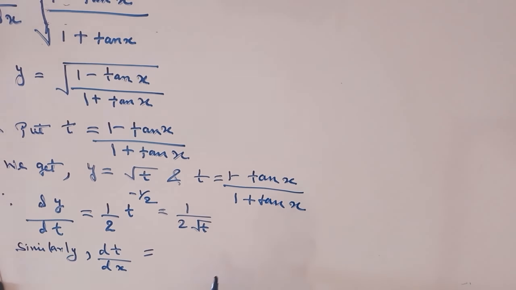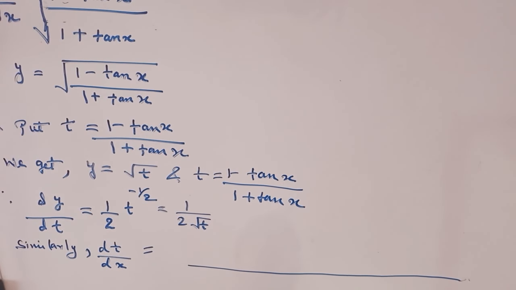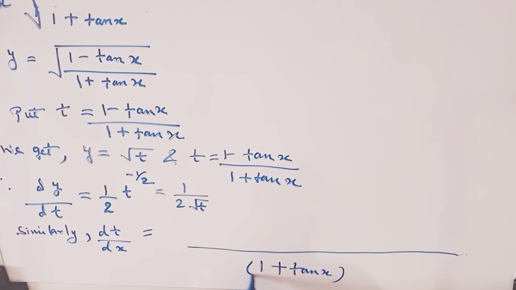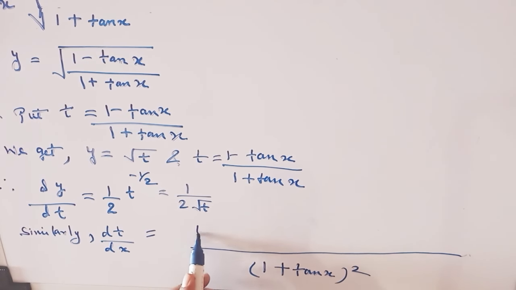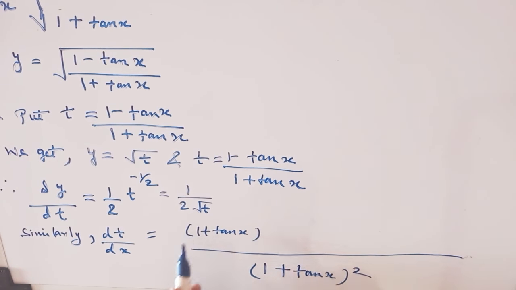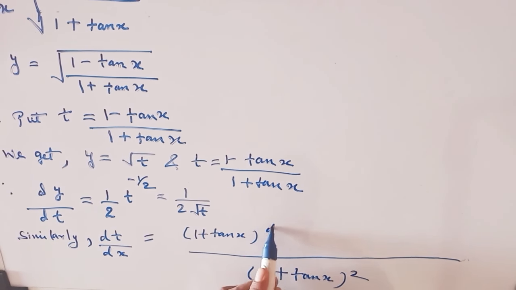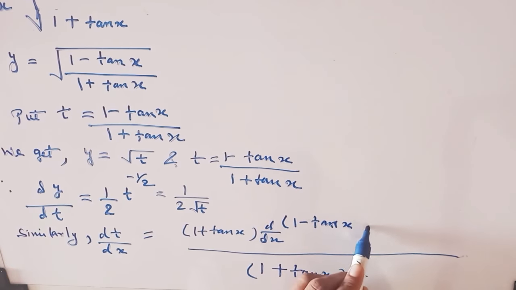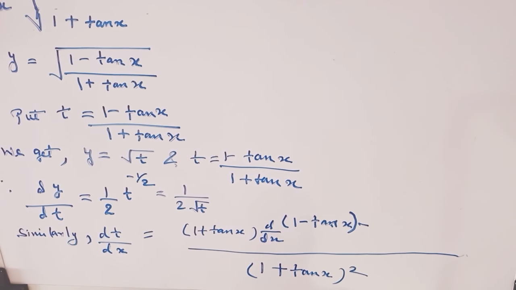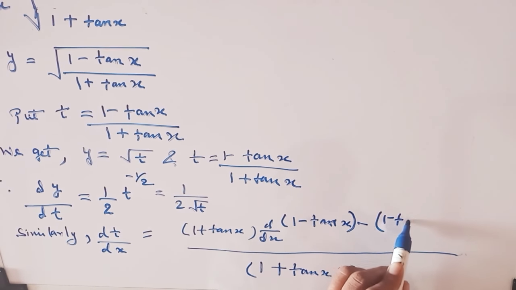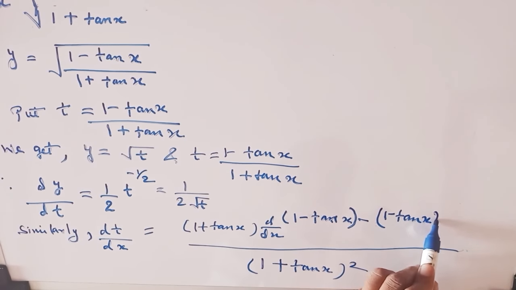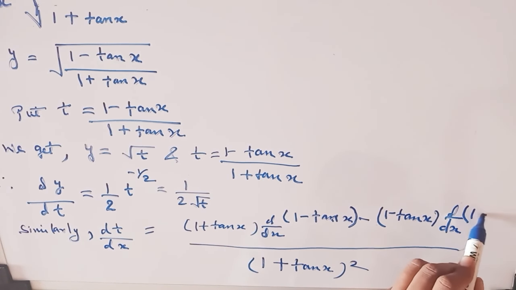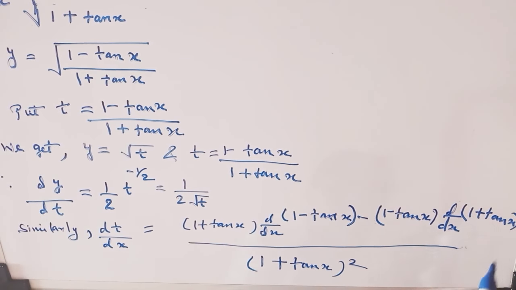Okay, so here we will set the denominator, (1 plus 10x) whole square, and then (1 plus 10x) as it is, times d by dx of (1 minus 10x), minus (1 minus 10x) multiplied by d by dx of (1 plus 10x).